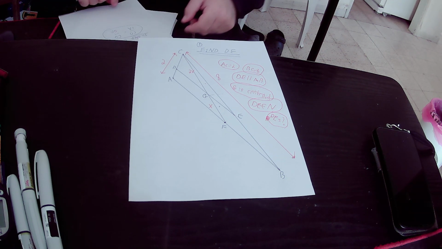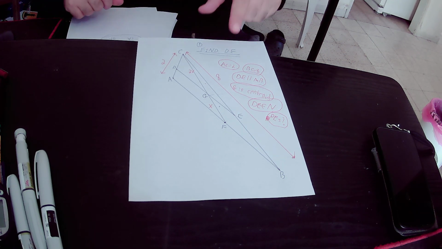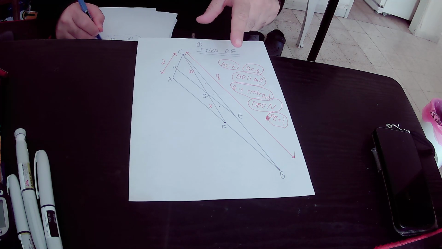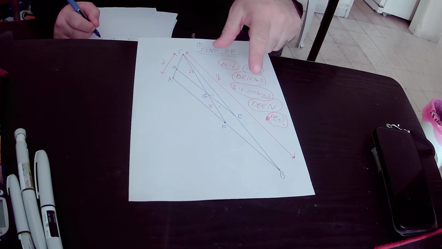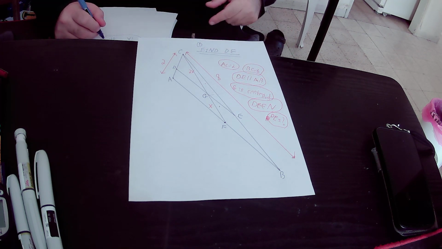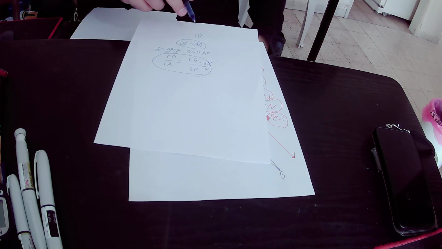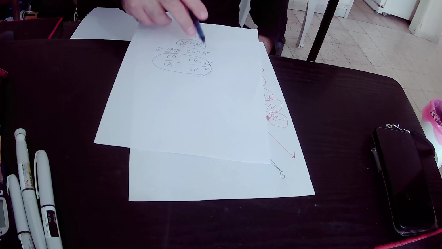Okay, but we know that CG equals 2x and GF equals x. So 2x over x is 2.